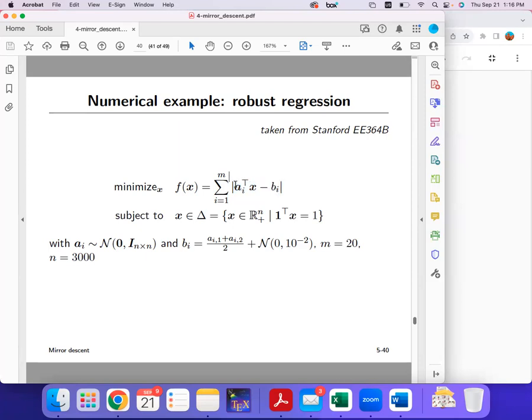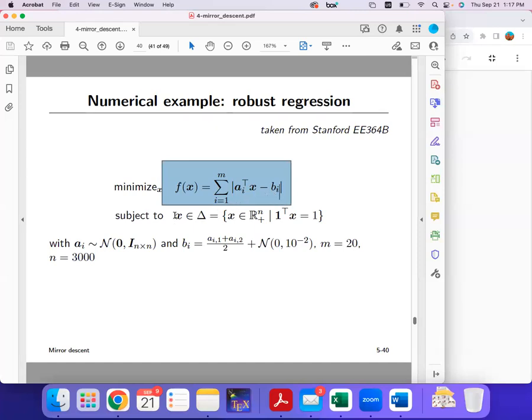Here we are looking at an L1 error. So for this error vector, the objective function is defined as the L1 norm of this error vector. So this is the L1 norm. And this is called robust regression because in statistics, this has been shown to be very robust to outliers.